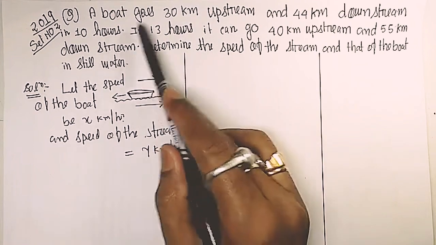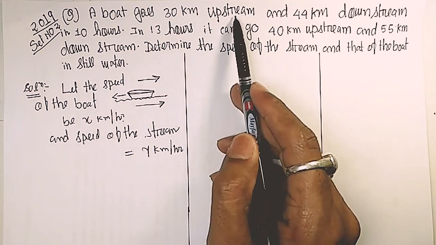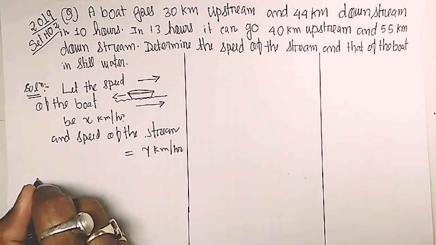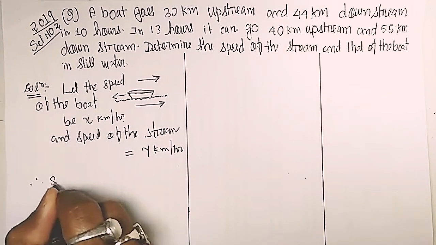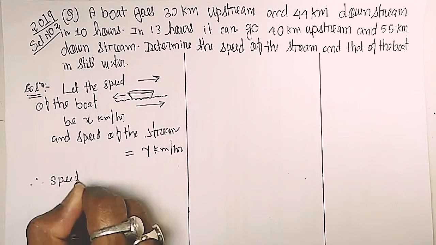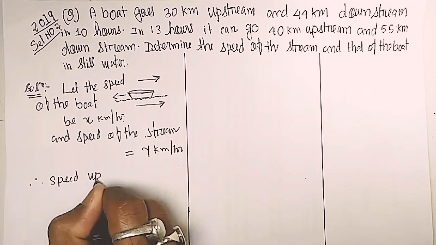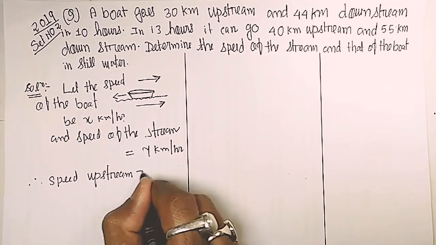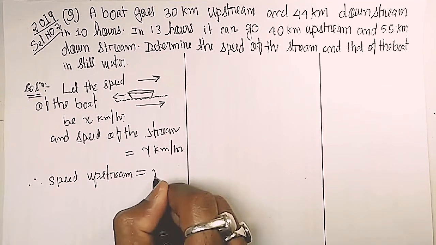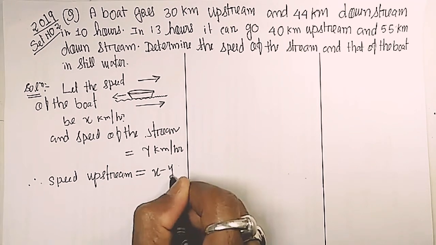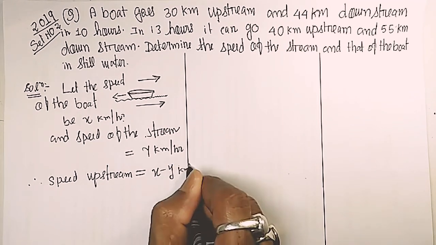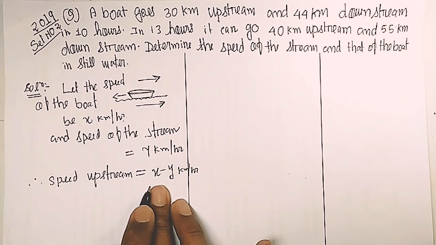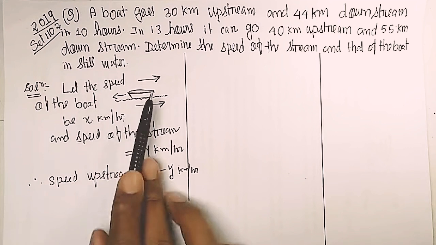So when the boat goes upstream, that means in the opposite direction, what is the speed upstream? Therefore the speed upstream, so we should find out the relative speed. So relative speed will be x minus y kilometer per hour, because they are moving in opposite direction.